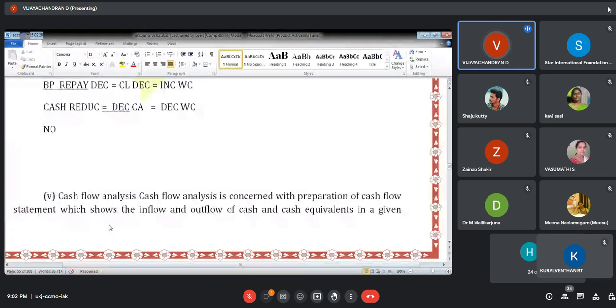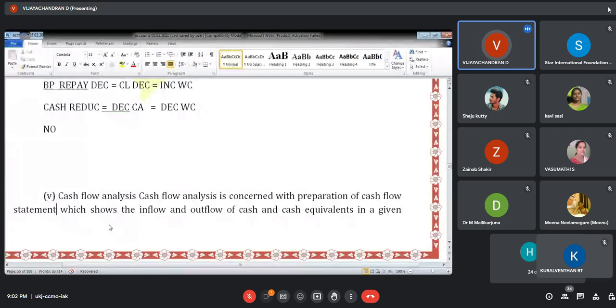Financing activities means how much dividend you are paying, how much interest you are paying, how much debenture you are raising, how much equity share you are issuing, how much preference share you are redeeming. So these three parts will be compiled together. Finally, we'll have the cash flow statement.